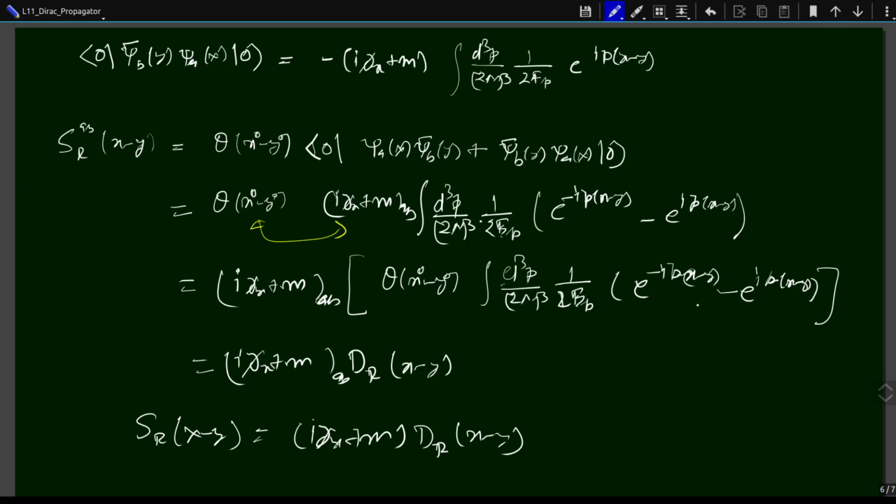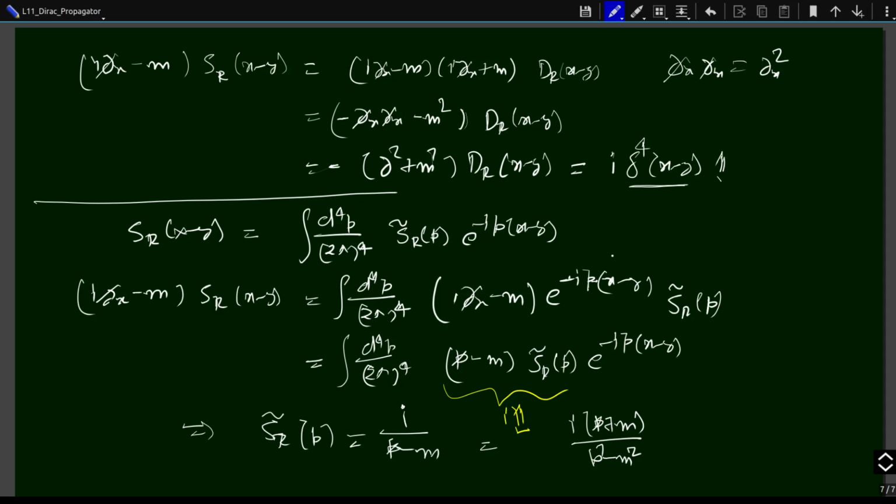you see I can write this 1 over 2E_p and all these things combined into d⁴p, but only if I perform a contour integral over p⁰. Here I choose a very particular contour where p² = m².